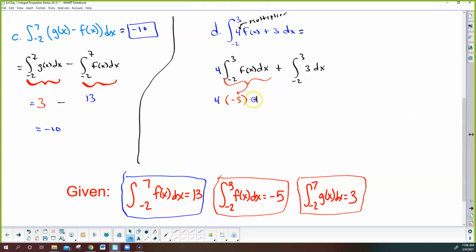But I do not know this answer. This answer, I actually have to evaluate. It doesn't have an f of x or a g of x, its function is 3. So I cannot replace this, which means now I have to do the antiderivative.